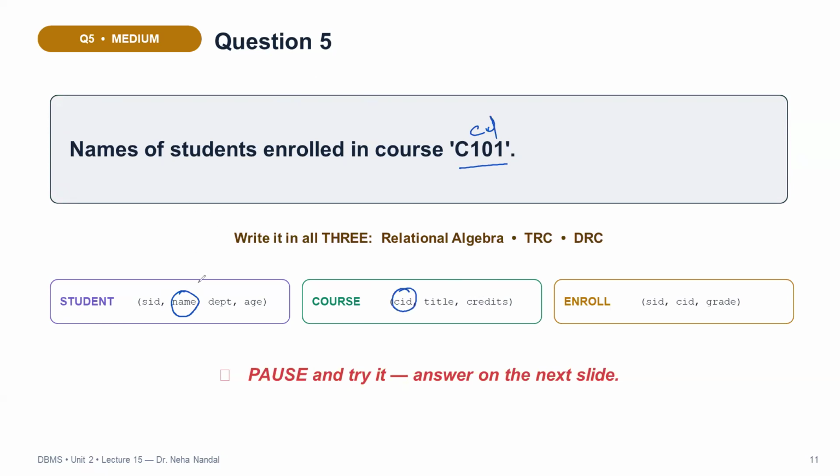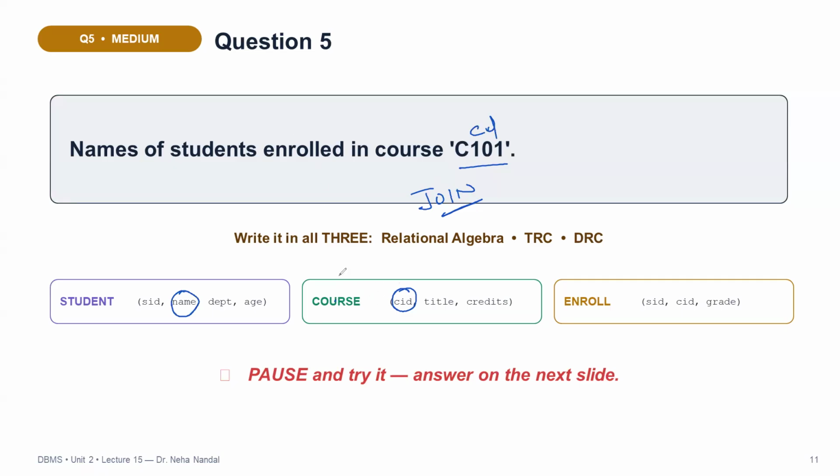So what you have to do? Here we are utilizing two tables, so this needs a join. Name is a part of the student table. Enrollment lives in enroll. CID is coming from course.